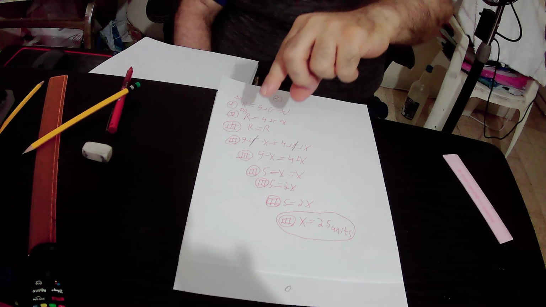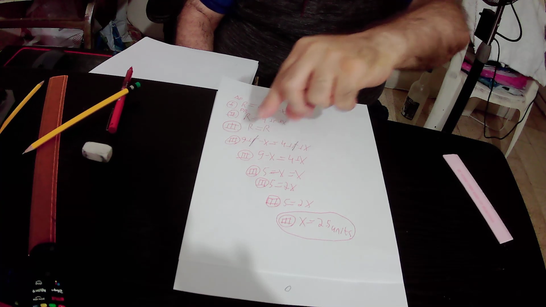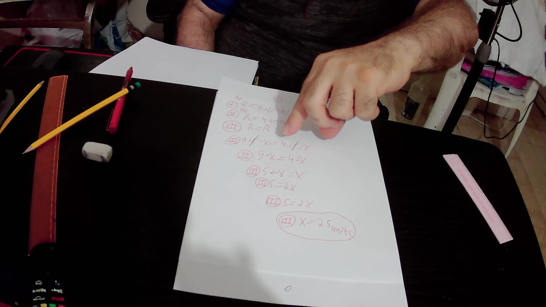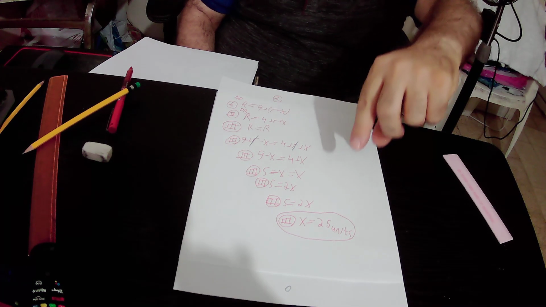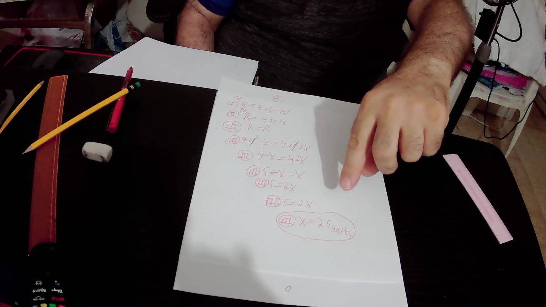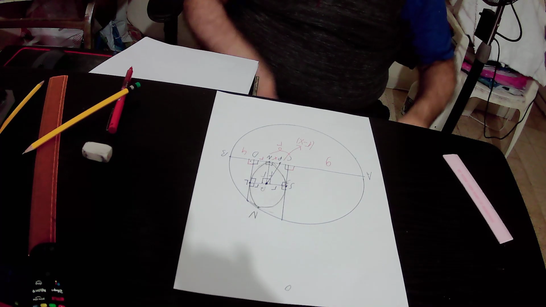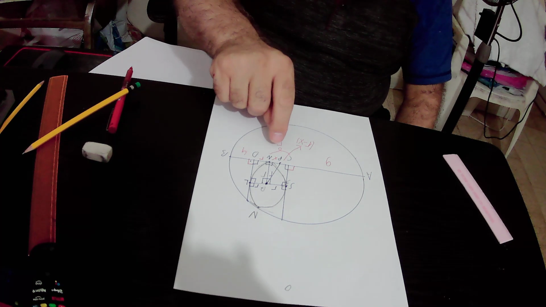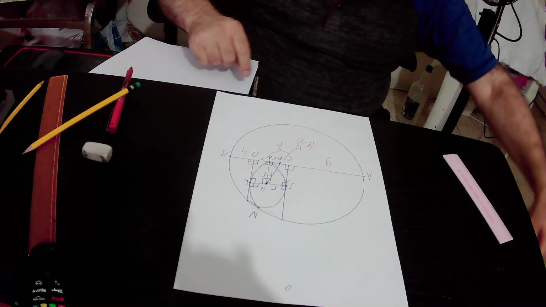And we got that R, that is 9 plus r minus x, equals R, that is 4 plus r plus x. And we solved this equation and we found out that the value of x is 2.5 units. Okay, the value of x, that is actually PN, equals 2.5 units.